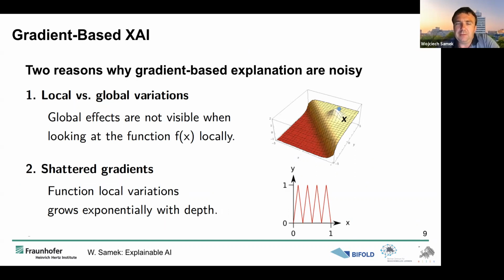One thing is that the deeper your network gets, the more shattered the gradients become. So you have extreme variations in the gradients, and the information which you get becomes very noisy and unreliable. And also, in some sense, the gradient only captures some local effects.